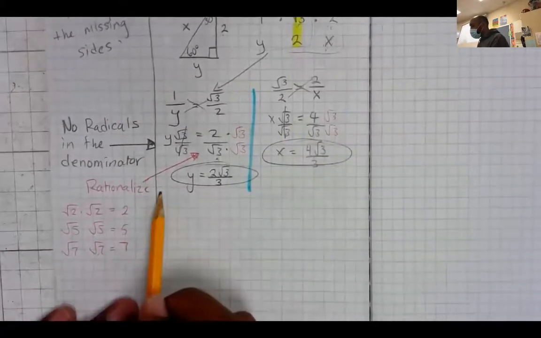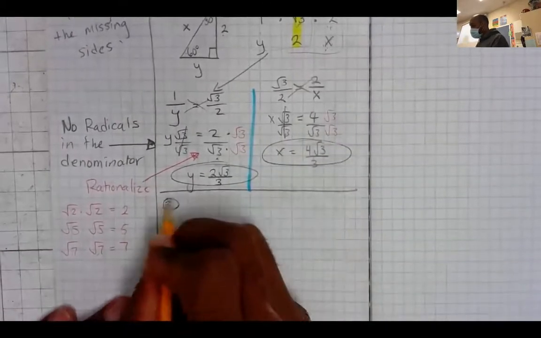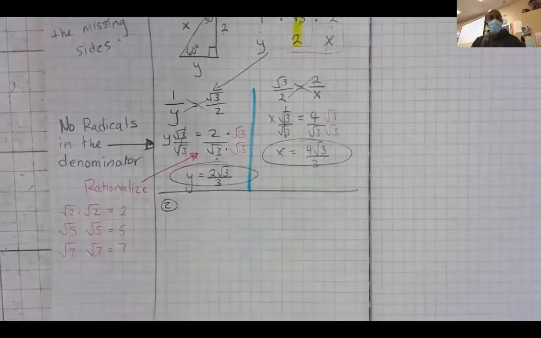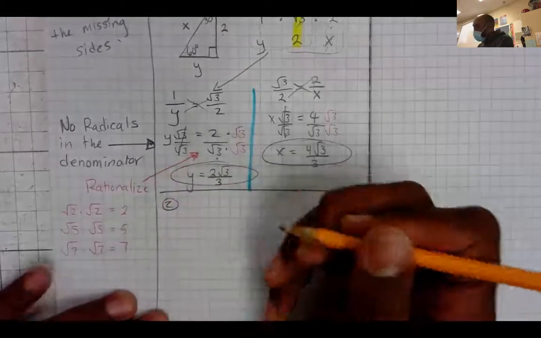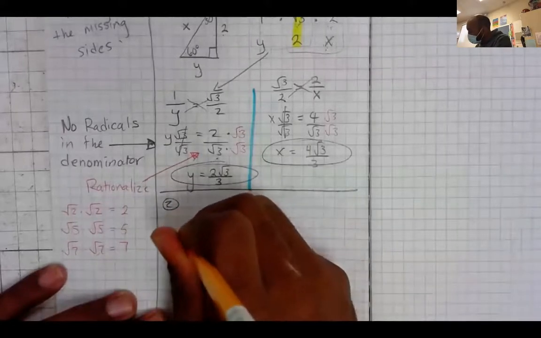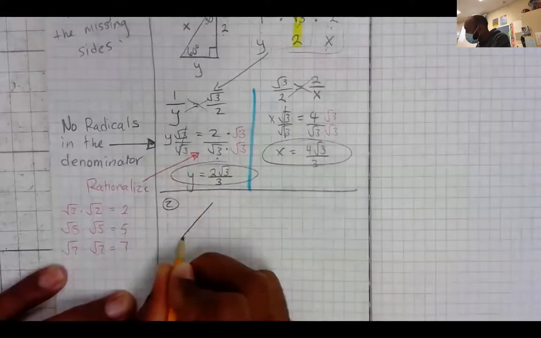Okay, so I'm going to just do one more. Let's do a 45-90 triangle. 45, 45, 90.